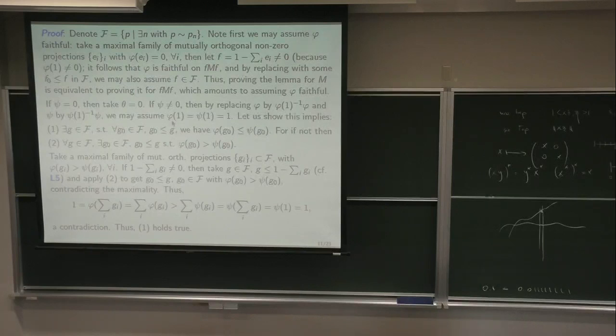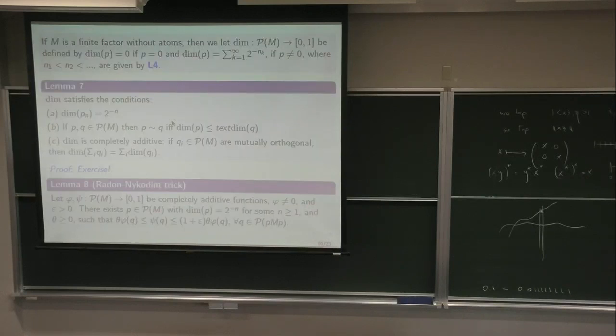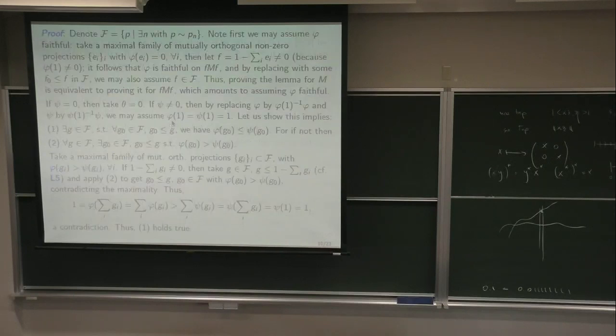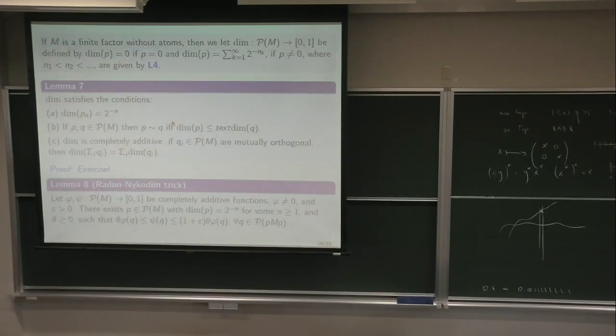So note first, we may assume phi faithful. That's very easy. So this is the one that squeezes the thing. Why? Because you take a maximal family, where phi is different from 0.